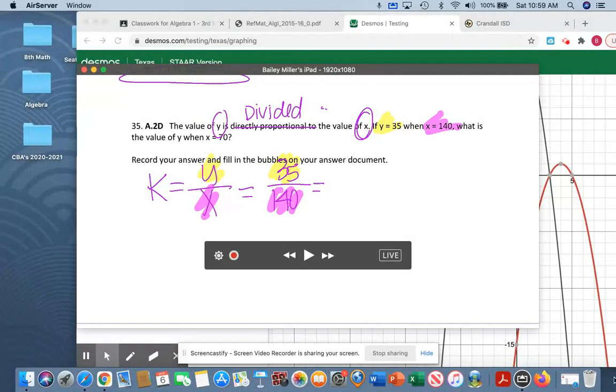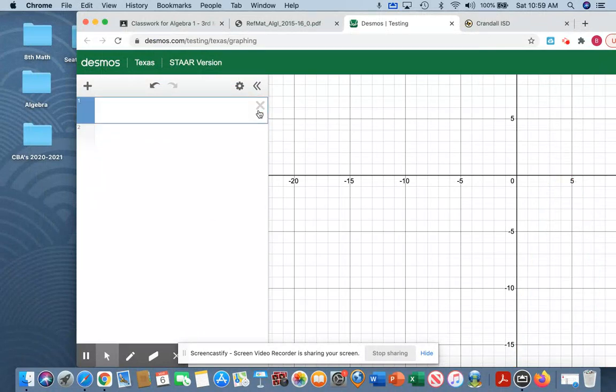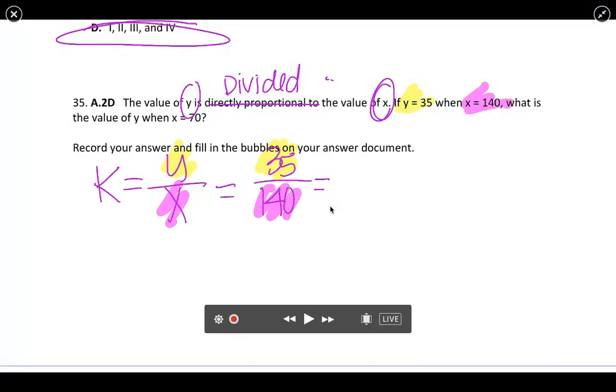So when I put that into Desmos, 35 divided by 140 is 0.25. Not ish, it is 0.25.